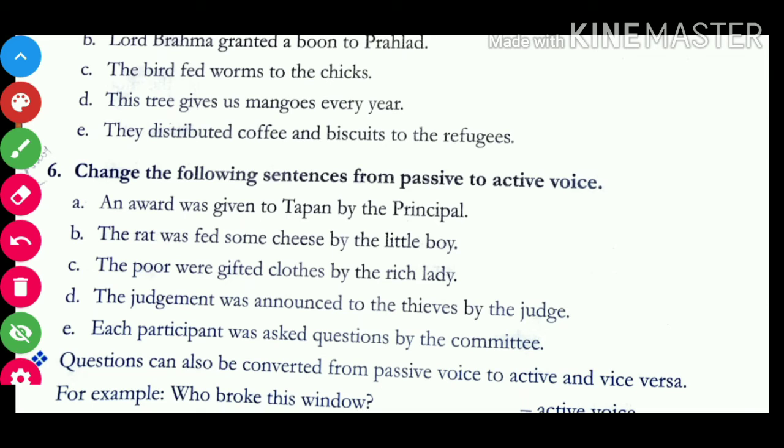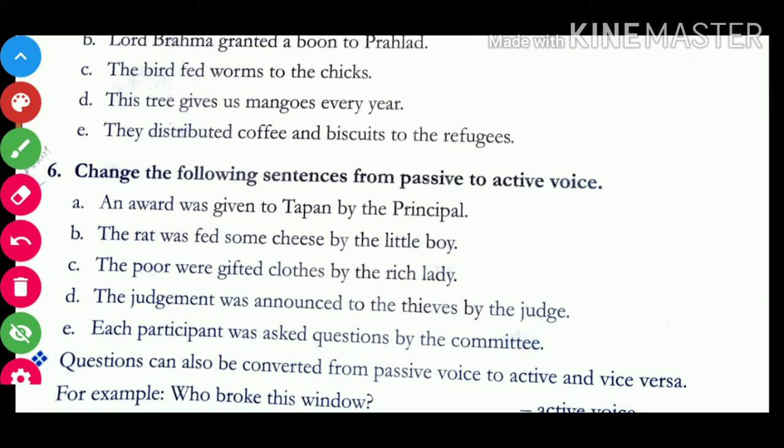Next, the rat was fed some cheese by the little boy. So, the little boy fed the rat some cheese. Okay, ये एक एक्टिव वॉइस बन गया.